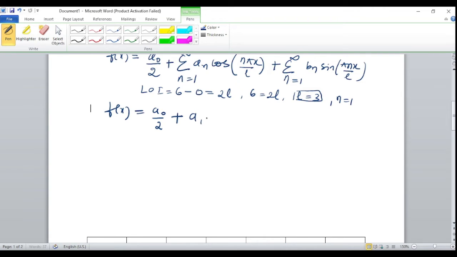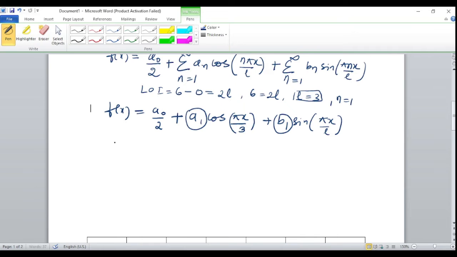So what you will get? a1 cos pi x by 3, plus here also you can substitute n equal to 1, so b1 sin pi x by 3. This is called a Fourier series up to the first harmonic.